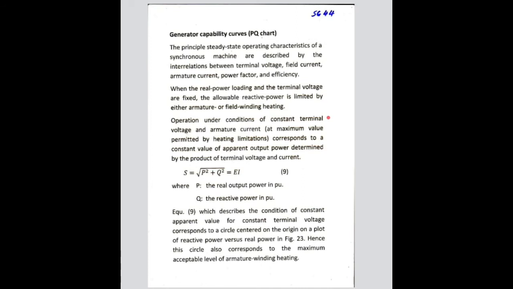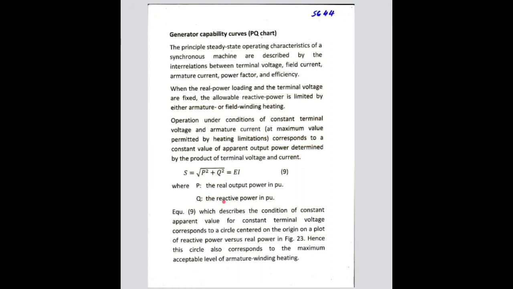By operating the generator in this mode, it will correspond to an apparent power that's determined by the product of the terminal voltage times the current, right? So E times I will give you S, which is the apparent power, and that's the square root of P squared plus Q squared, where P is your real power and Q is your reactive power.